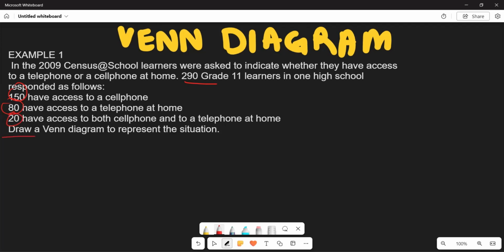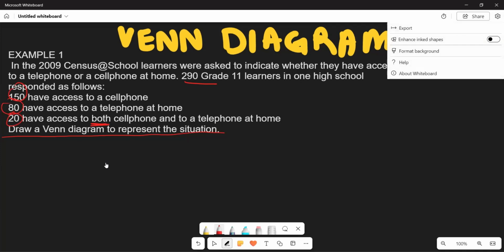Now they want you to draw a Venn diagram, right? Let me take you through how to draw your Venn diagram. Whenever you want to draw a Venn diagram, you check whether you have a part where you have both A and B. Luckily for this one, yes, we do have a part that caters for both.